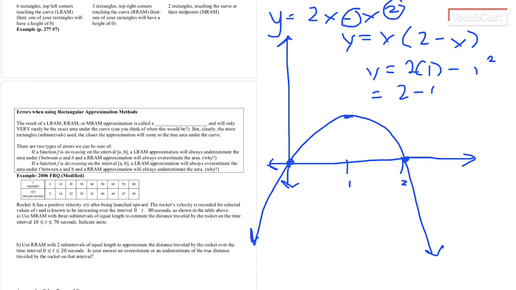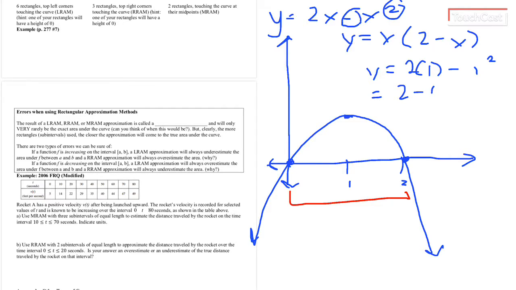All right, and then part B says, partition 0 to 2 into 4 subintervals and show the 4 rectangles that LRAM uses to approximate the area of R. We're going to compute that LRAM approximation without a calculator. So I'm supposed to take the distance between 0 and 2 and split that up into 4 smaller rectangles.